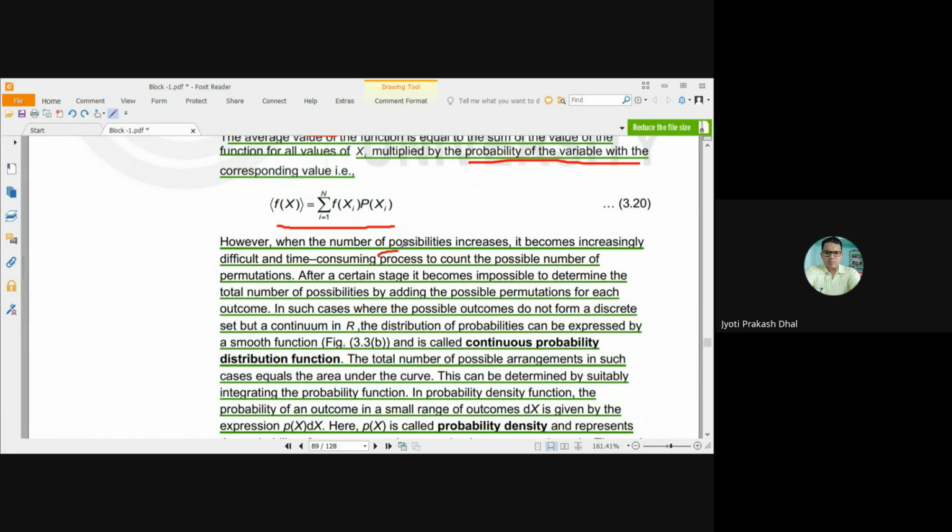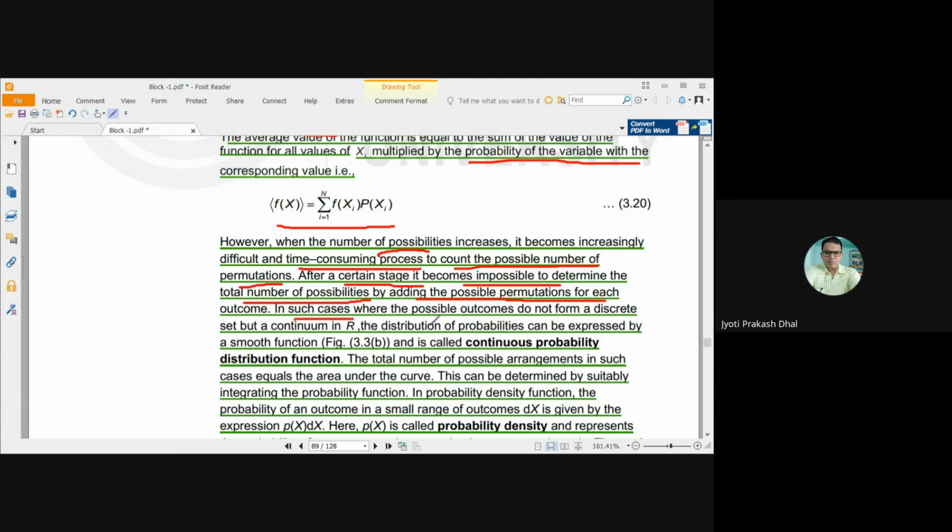However, when the number of possibilities increases, it becomes an increasingly difficult and time-consuming process to count the possible number of permutations, and after a certain stage it becomes impossible to determine the total number of possibilities by adding the possible permutations for each outcome.